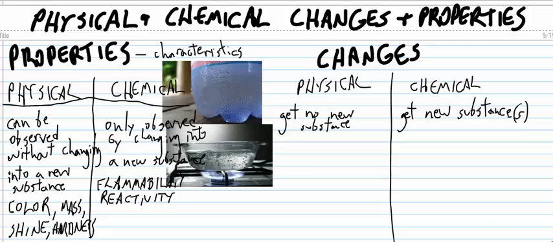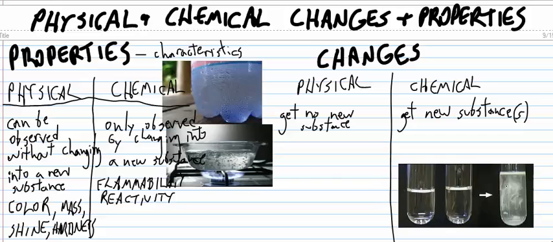Maybe new substances. So an example of a chemical change where you get a new substance. Maybe you mix chemical A and chemical B, and then it forms this powdery stuff that settles to the bottom. That's called a precipitate. So there's a new substance.